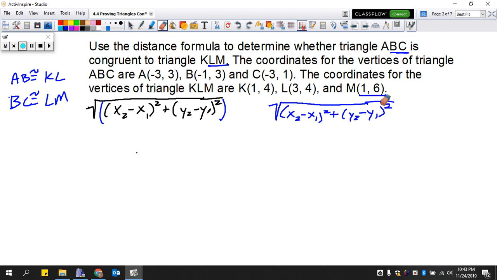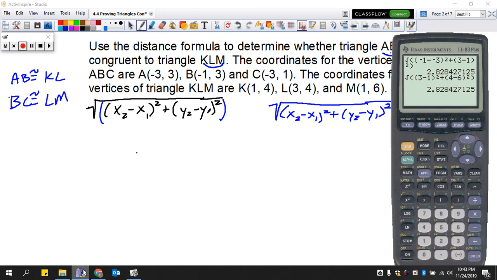Okay, and then the very last one that we're going to end up doing is AC and KM. All right, get a calculator back. AC. Now it's important to notice here that the sides AB and KL are congruent to each other, but they're not congruent to BC and LM.